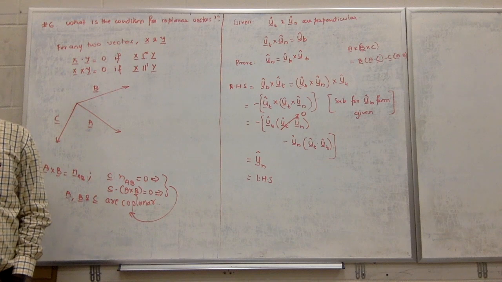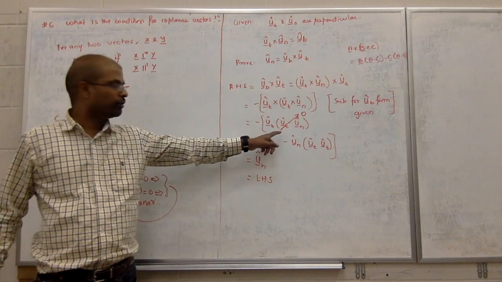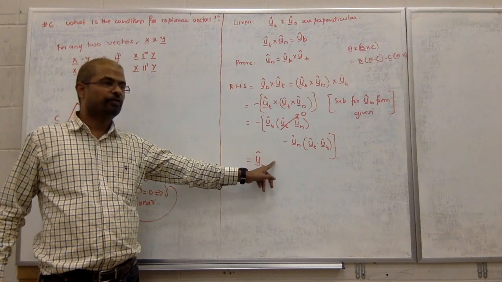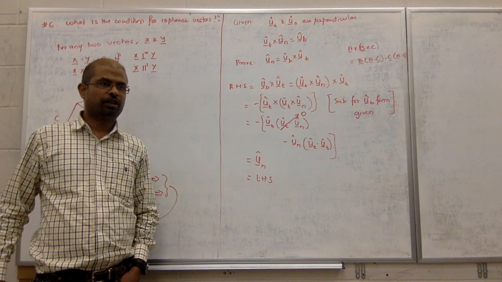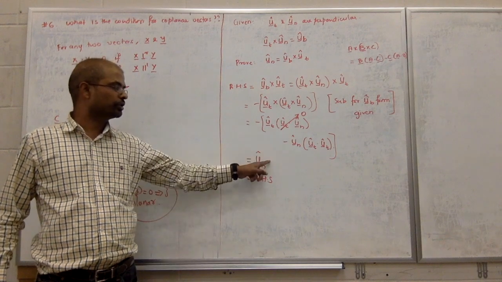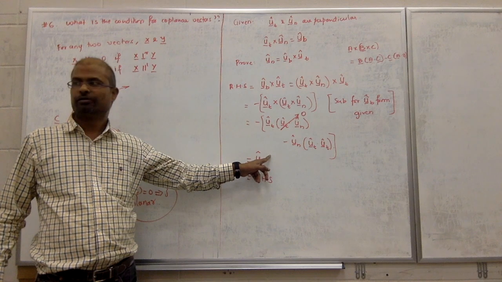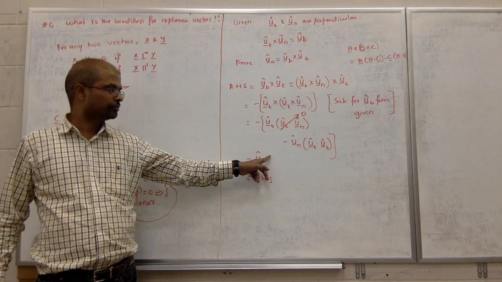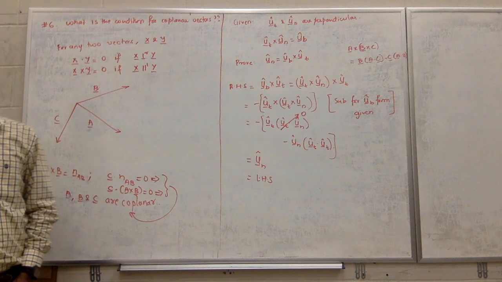Raise your hands. How did this turn to this? I see why UT dot UT is 1, but why is UT dot UN 0? Why is it 0?